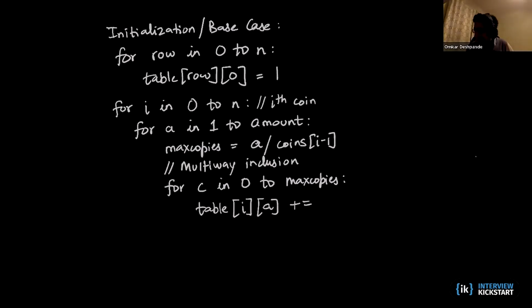What's the problem that our subordinate was given? The I value is always I minus 1 because our subordinates are looking at a slightly shorter prefix. The amount value is going to depend on how many copies I included. So if I included C copies of the ith coin, then the amount is going to decrease by C times the value of the ith coin.